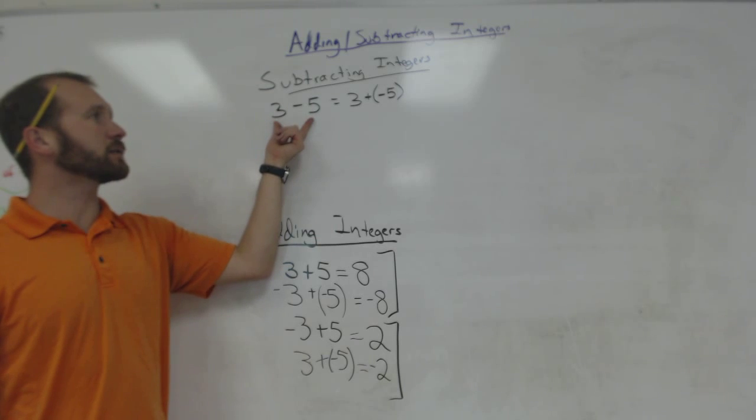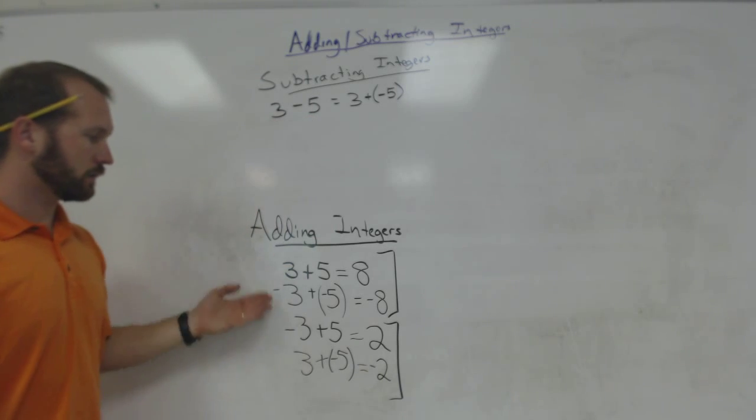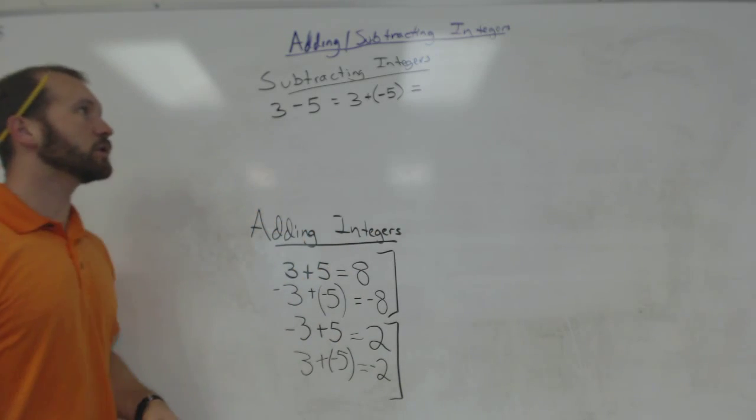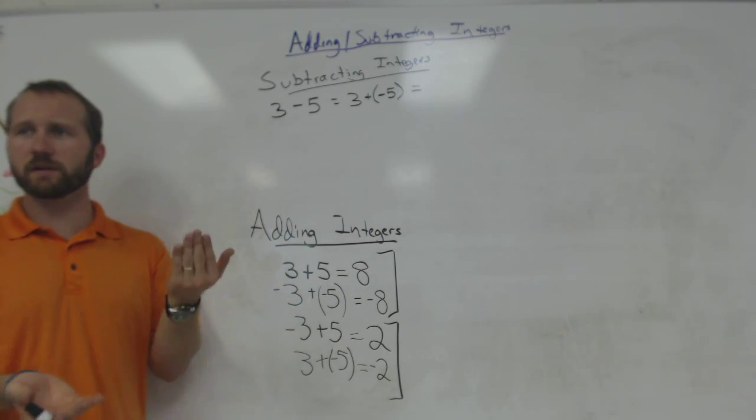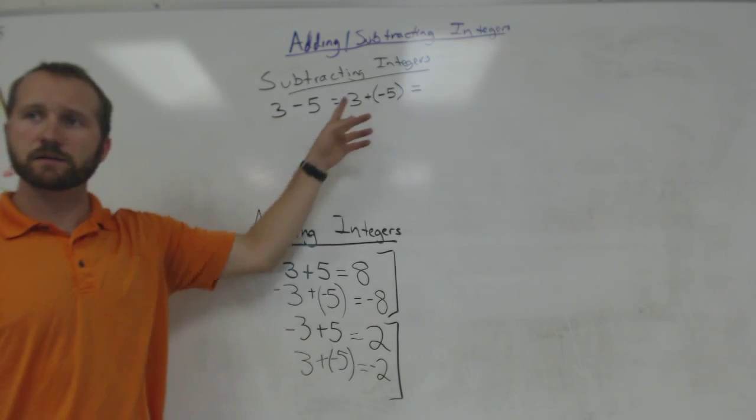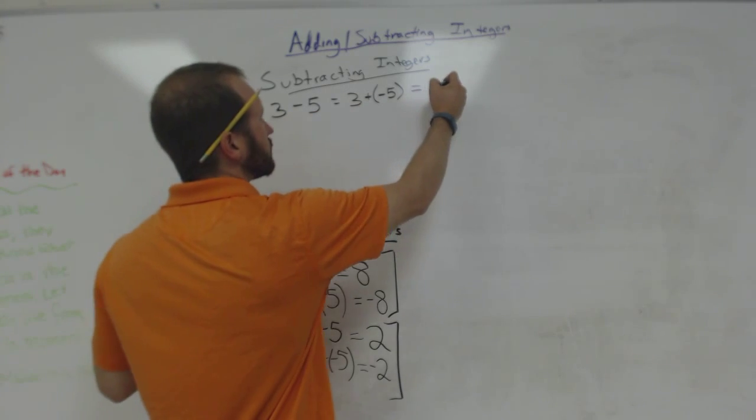So what is 3 minus 5? 2. Close. It's 2, because we're finding the difference between these two numbers. The larger number is the one that has the negative sign, so it's negative 2.